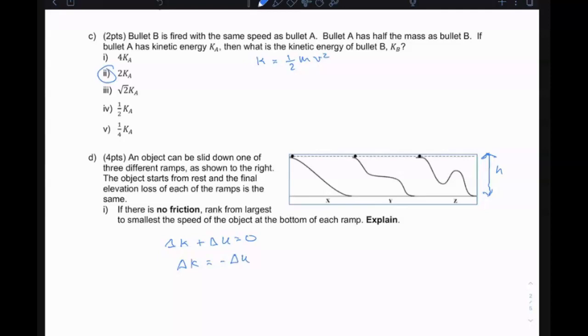And the change in the potential energy is the same for each, since each undergoes the same vertical displacement h. So each has the same speed at the bottom, and so they're equally ranked. You could write it v sub x is equal to v sub y is equal to v sub z.